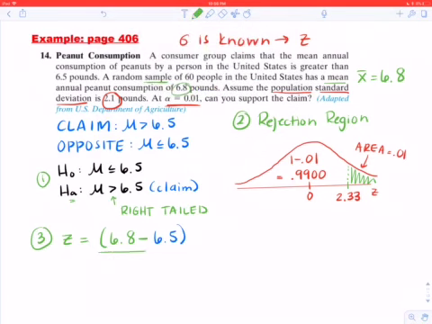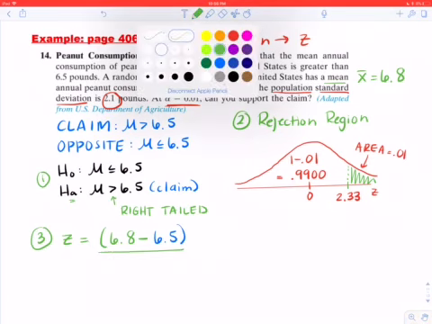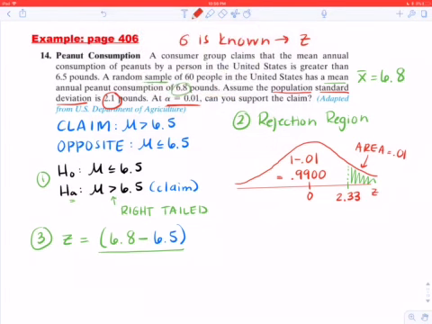And then I'm going to divide that by the standard deviation. Again, for sample means, we take the standard deviation, which is 2.1, and then we divide that by the square root of our sample size. And in this case, we took a sample of 60 people.